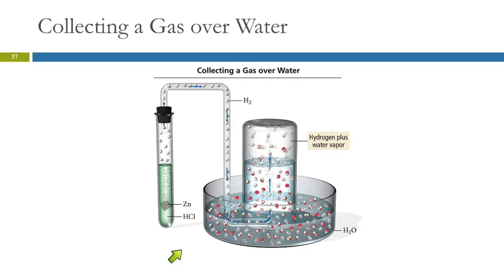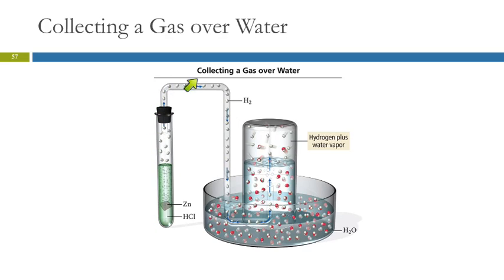So this is what it might look like to collect a gas. We call it collecting a gas over water. This is the gas we're collecting, and it's over some water. That's why we call it that. So here we've got our reaction, zinc and hydrochloric acid. Those are going to react and release hydrogen gas. The hydrogen gas is wanting to escape, so we give it a way to escape.